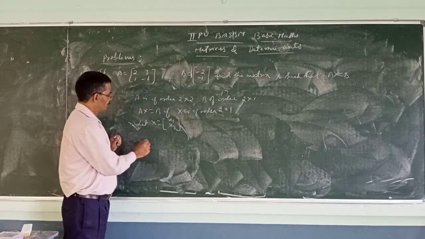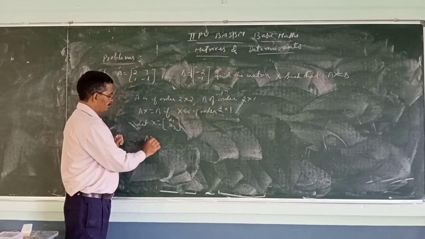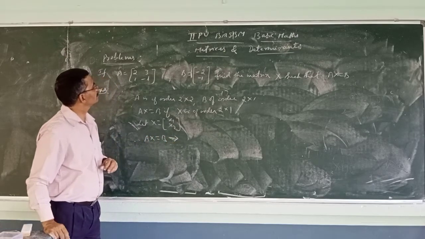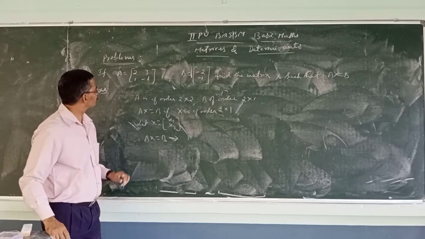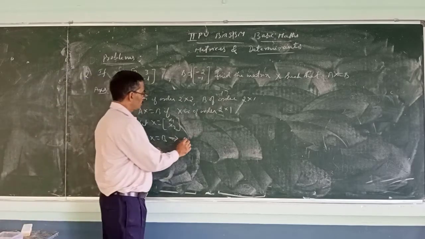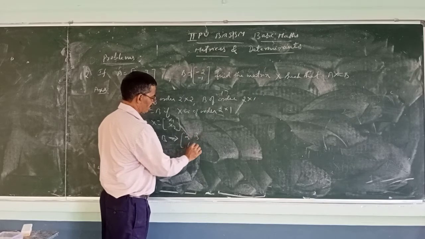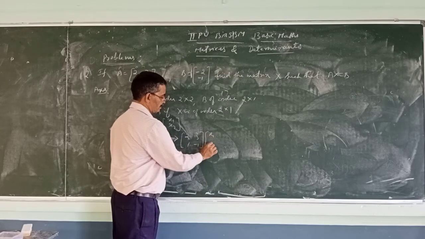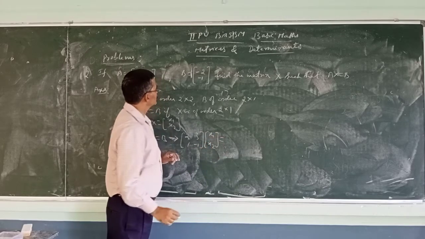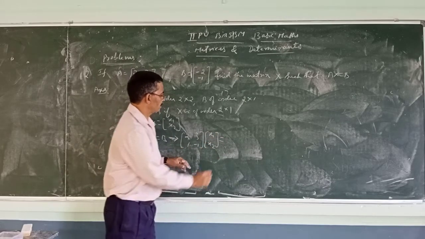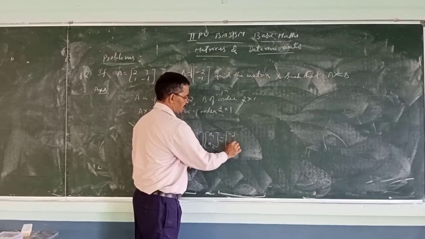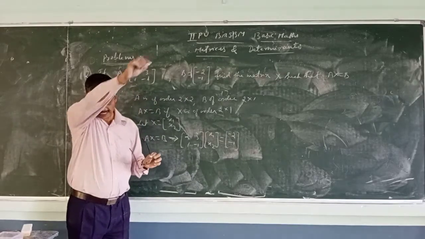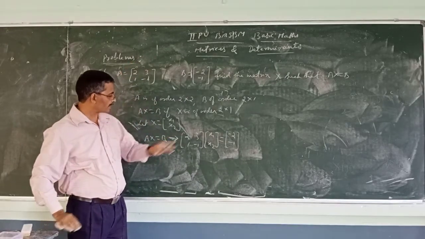Therefore AX equal to B implies the matrix [2 3; 1 -1] into [x1; x2] equal to [-2; -1]. This you know how to solve. Multiply the left hand side and compare with the right hand side.